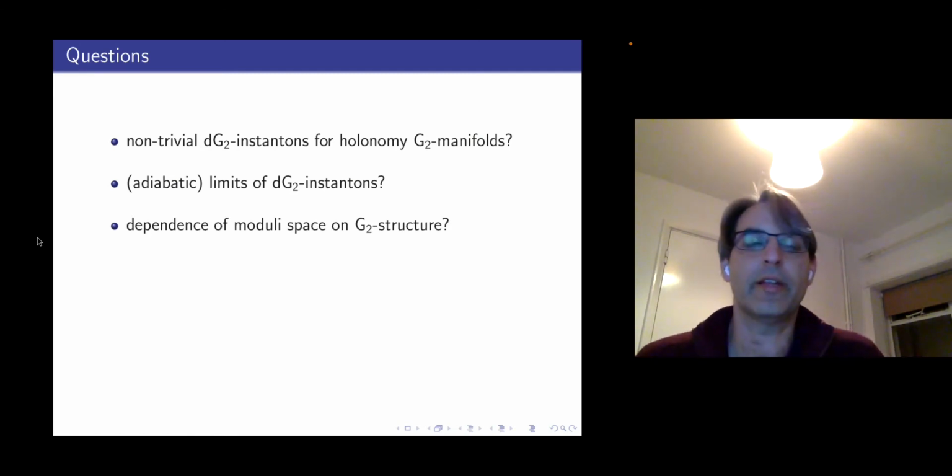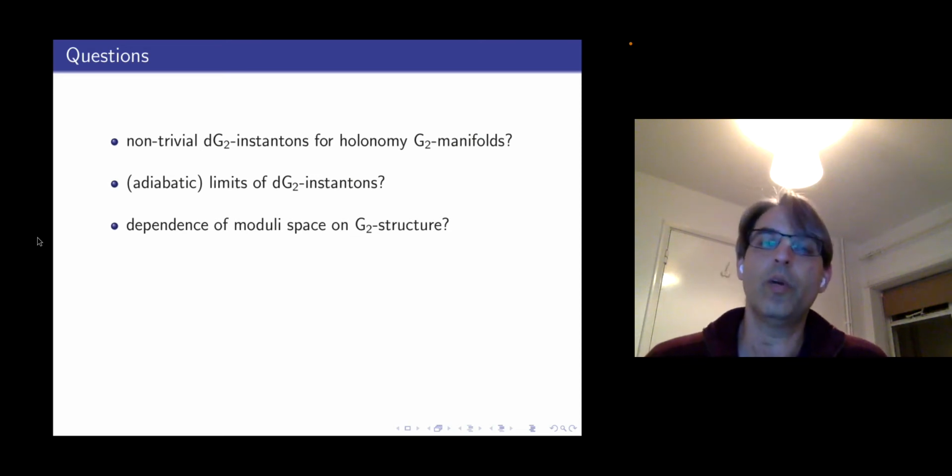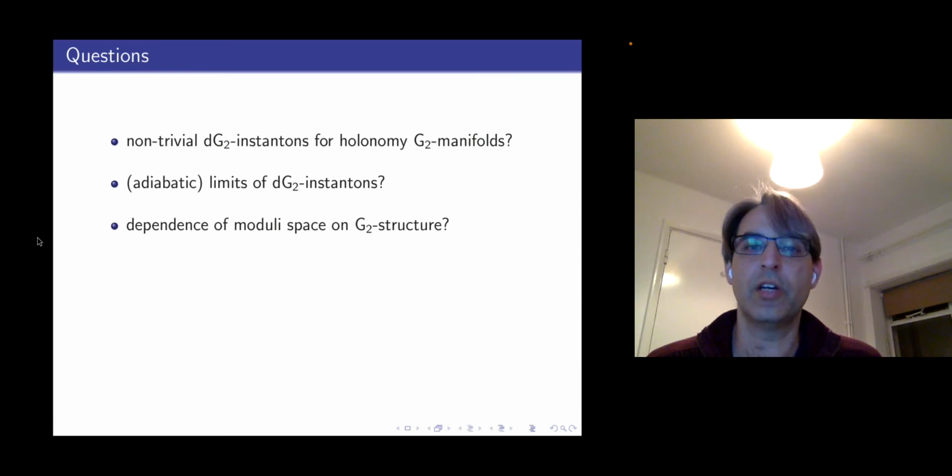Another question that I think is interesting is, what is the dependence of the moduli space of dG2 instantons on the underlying G2 structure? We saw that the moduli space can change. It can even change dimension as we vary the G2 structure. But we see that when the G2 structures define the same metric, then although the moduli spaces had different dimension, the Euler characteristics were the same.